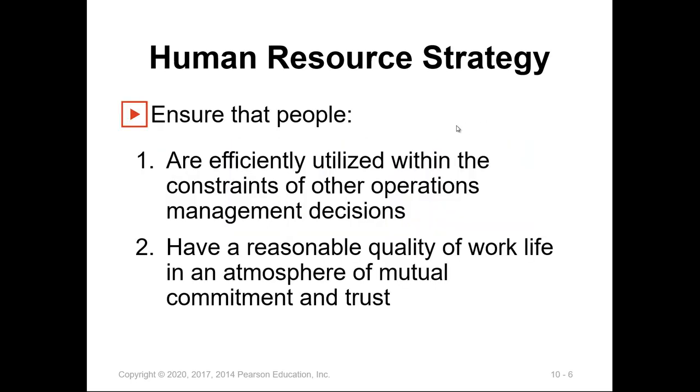The human resource strategy is an integrated part of the organization mission and all other operations management decision areas. People will be assigned to work within the limitations and constraints of those areas, but in the most efficient way. The strategy should define the atmosphere of the organization and provide employees with a safe and comfortable environment to gain their commitment and trust.